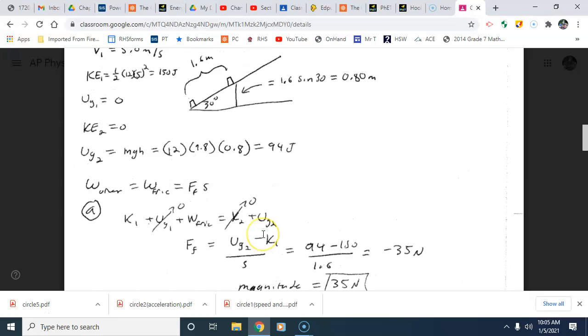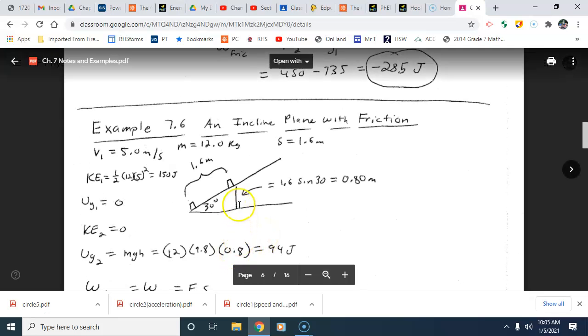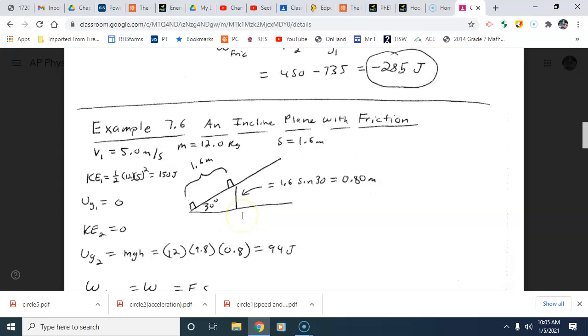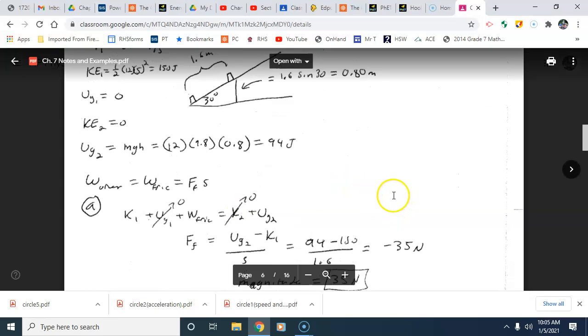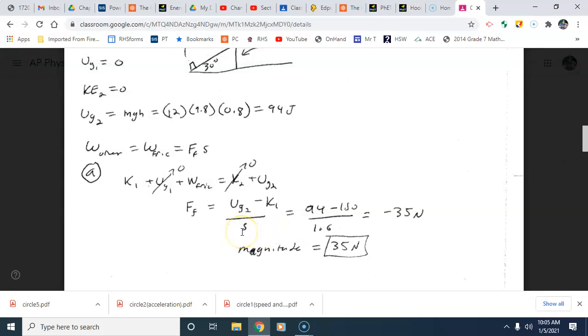Now be careful on this one. We used 0.8 in the potential energy formula, but another place to go astray is accidentally using that 0.8 for this displacement, S. Where did that S come from? We divided it over. It came from the work of friction, which is force of friction times this displacement.